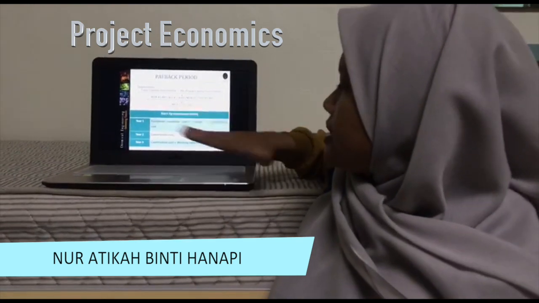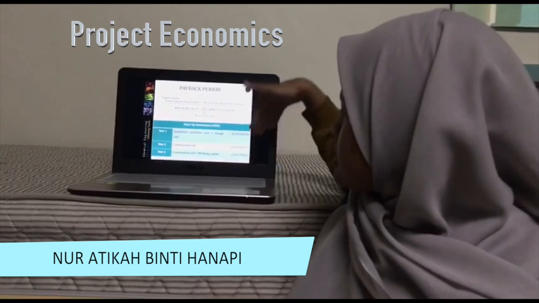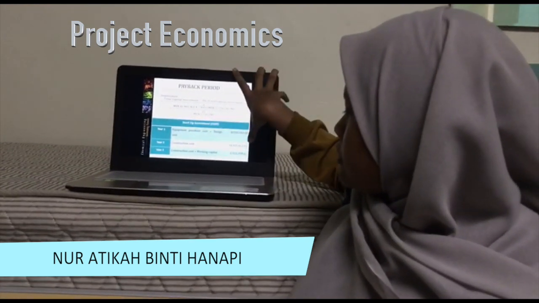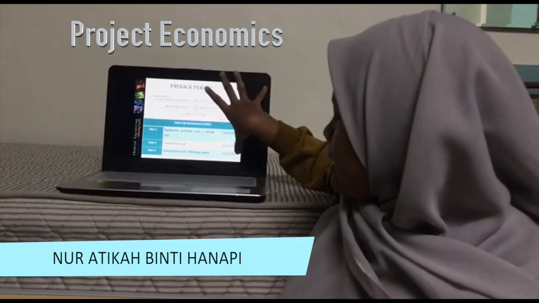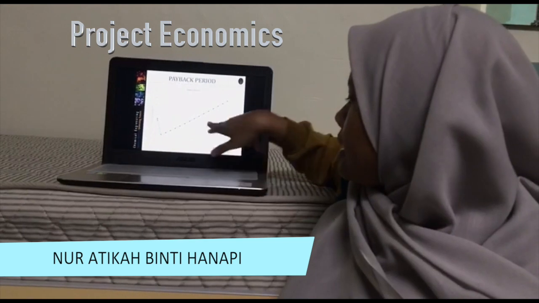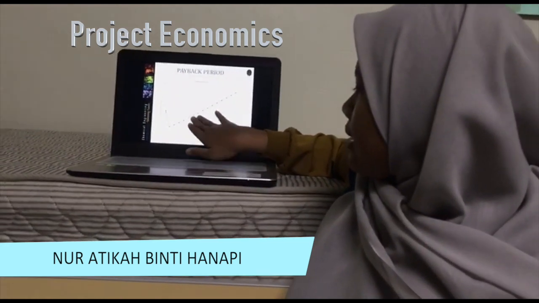Our depreciation is about 2 million, and this is our startup investment. Year 1 we have about 8 million, year 2 8,000 million, and year 3 is 2.5 million. And then our payback period will start at year 7.